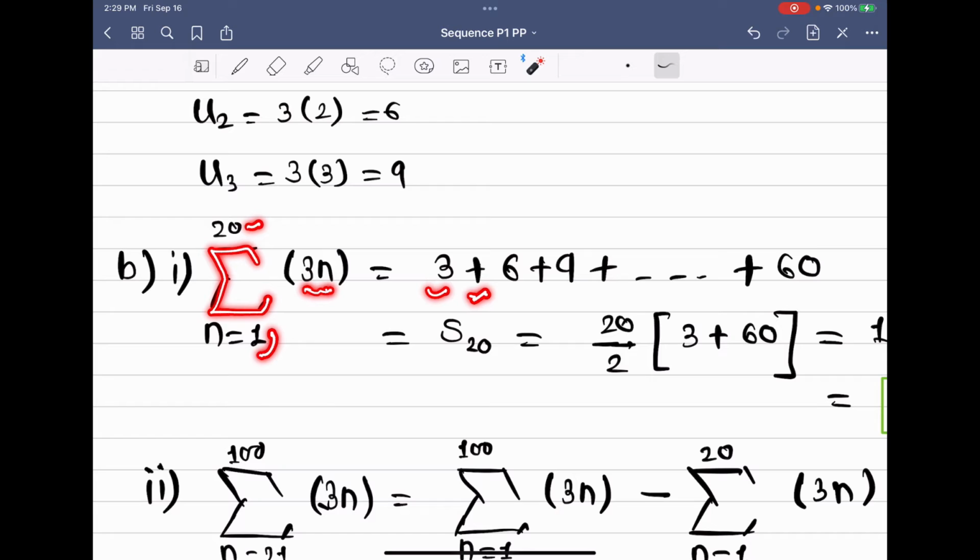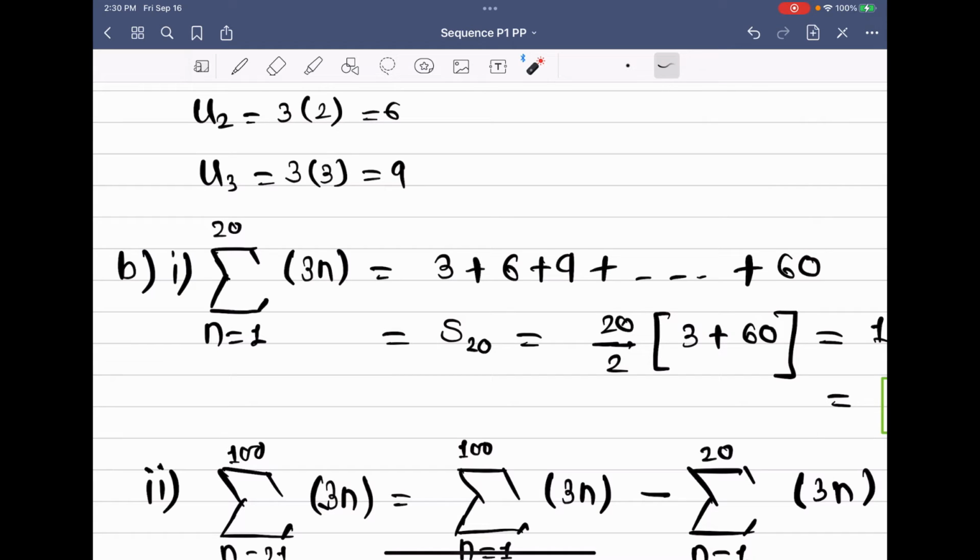So 3 times 2 is 6. Again use plus. 3 times 3 is 9. Again plus. You don't need to write down all terms. You just directly write down first three terms and the last term. The last term with n is equal to 20 is 3 times 20 is 60.